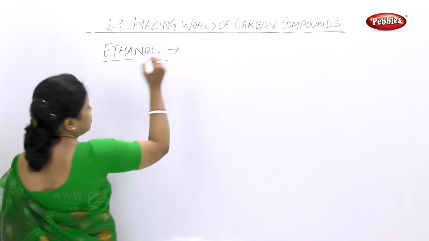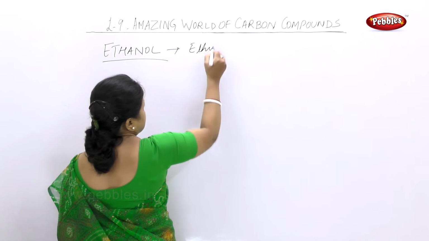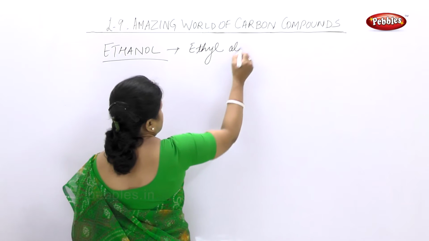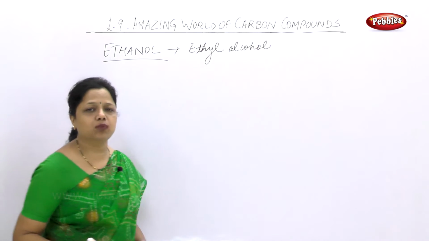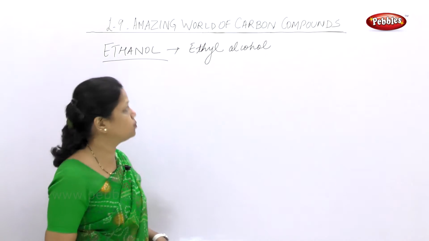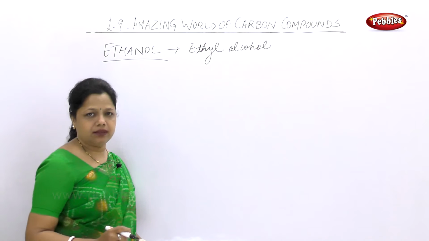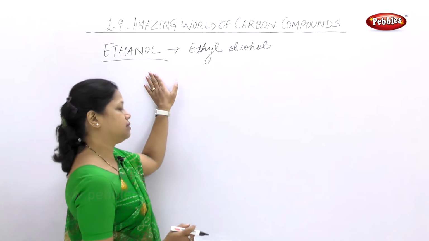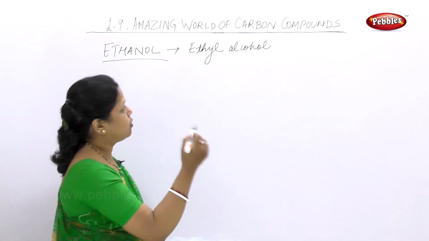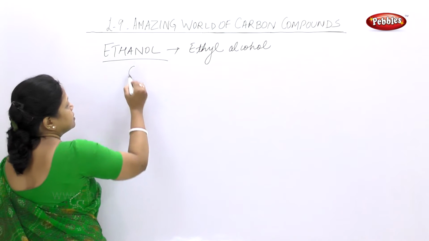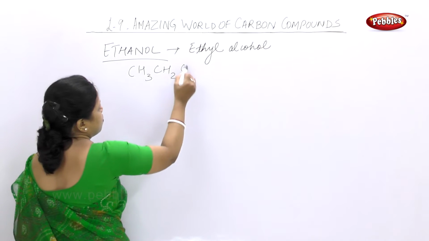Now ethanol is also called ethyl alcohol. When we were doing the functional group OH, that is the alcohol group, I had told you that ethanol and ethyl alcohol are the same. What is the formula? The formula was CH3CH2OH.